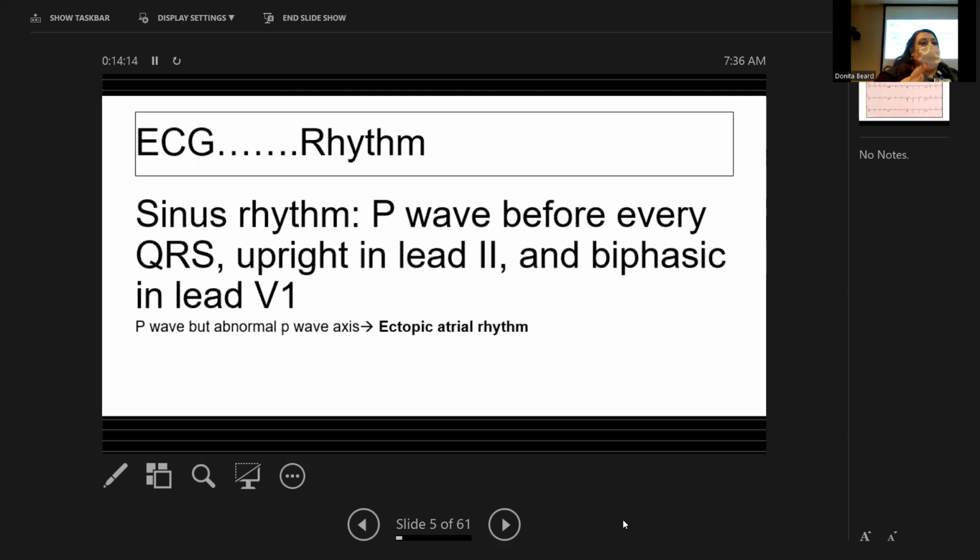Sometimes in real life, V1 can look mostly negative. That's okay as long as lead 2 is mostly positive. For the most part, if there's a P wave, 99% of the time it is going to be sinus rhythm. But there are times where it's not sinus rhythm, and we're going to look at that.